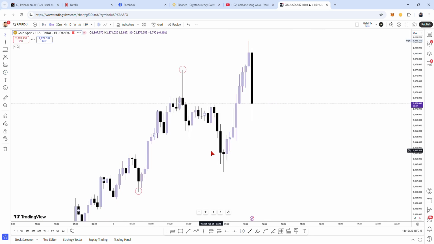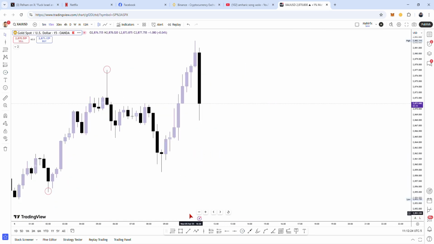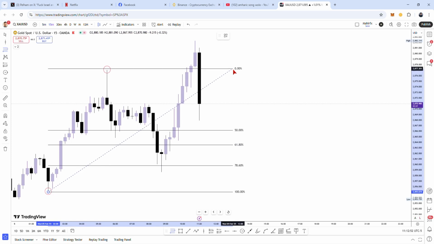After marking these 2 points, I'm going to place my Fibonacci from lower to higher, because we are trading gold and gold is trending high at this higher time frame. So we are going to mark from the swing low to the swing high.